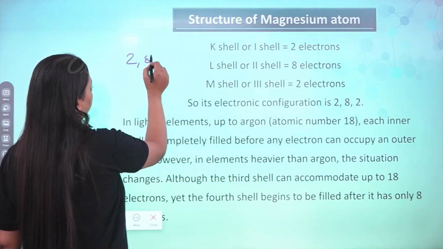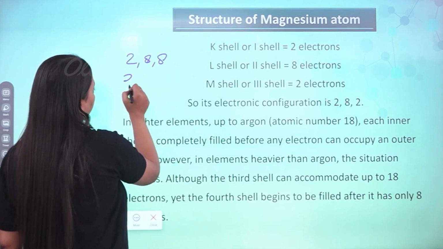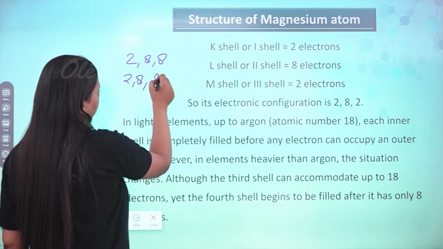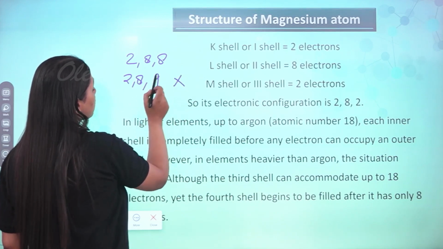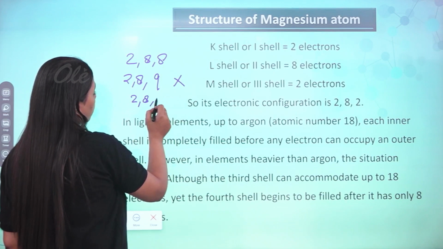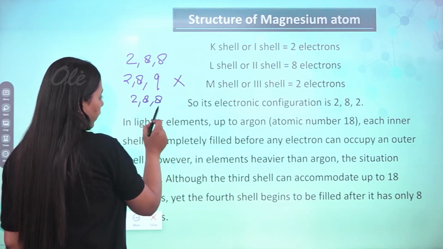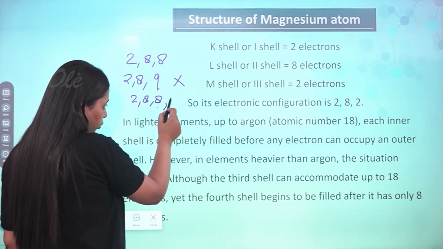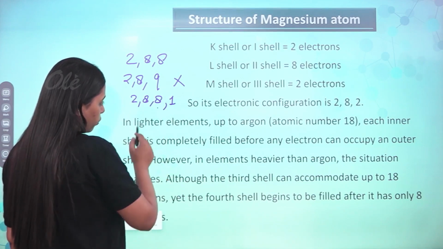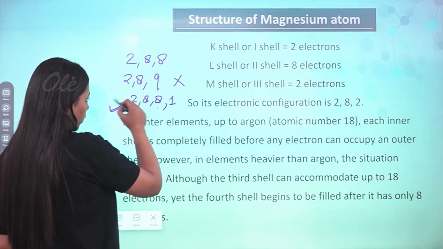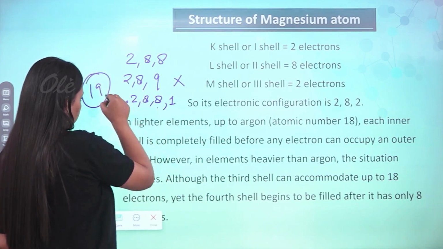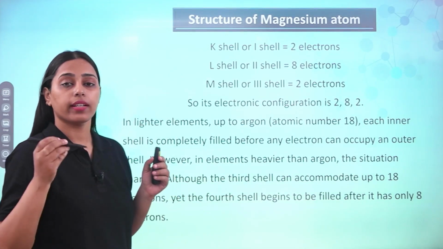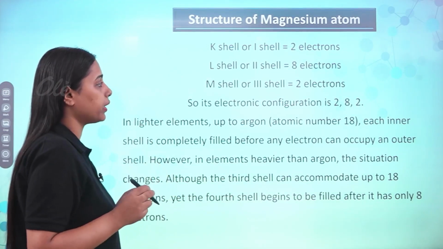Like for argon, when you are writing this, and then for 19 you will not write this because you have to follow the octet rule. The third shell will have 8 electrons, and then you will start filling the fourth shell. So that is the correct representation for atomic number 19. This is done to maintain stability, that is, the octet rule.